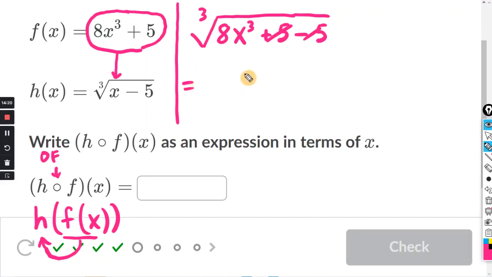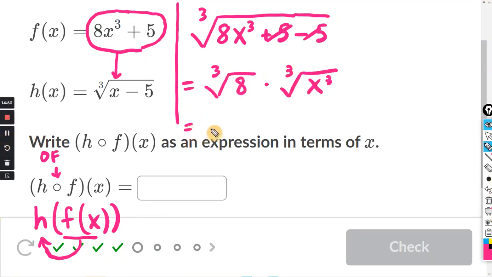Just so you can see it better, I'll break this up. The cube root of 8x to the third is the same as the cube root of 8 times the cube root of x to the third. Cube root means what multiplied 3 times will give us 8?